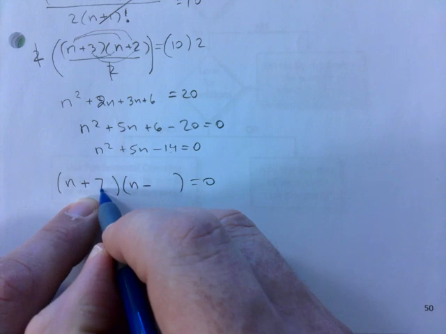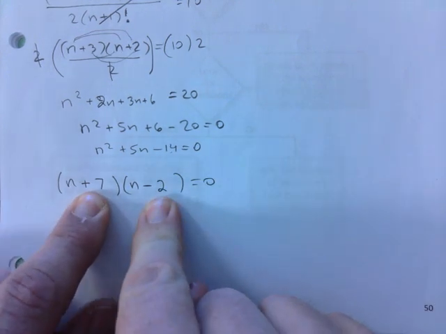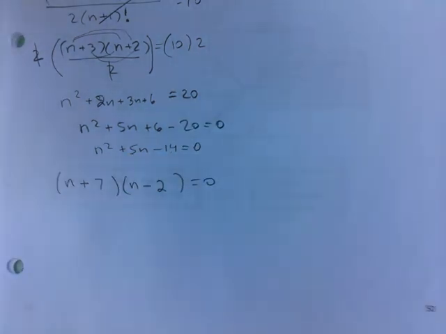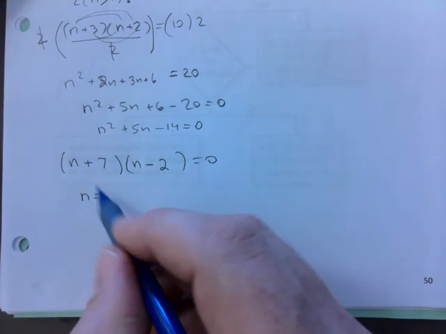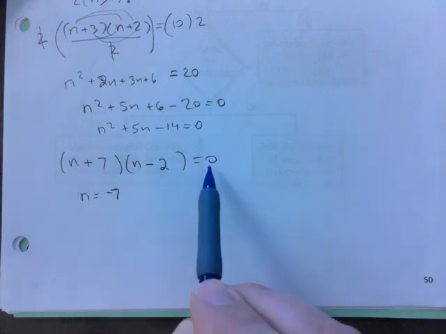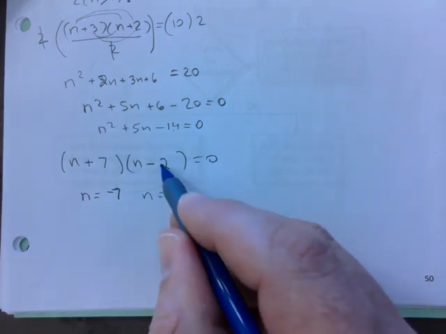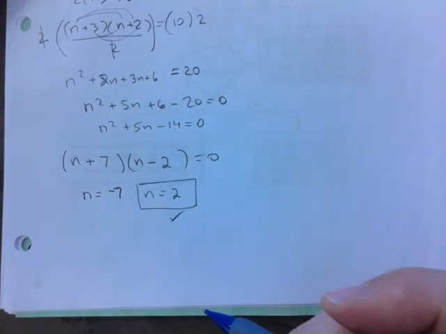The 7 has to go here, and the 2 has to go there, because when you add 7 and negative 2, you get a plus 5. So if you remember from IPR, if you don't, worry about it. So the first answer is negative 7, because you're basically saying what goes in here to make this side 0, and it's negative 7. Or n is equal to positive 2, and this is the only one that works.